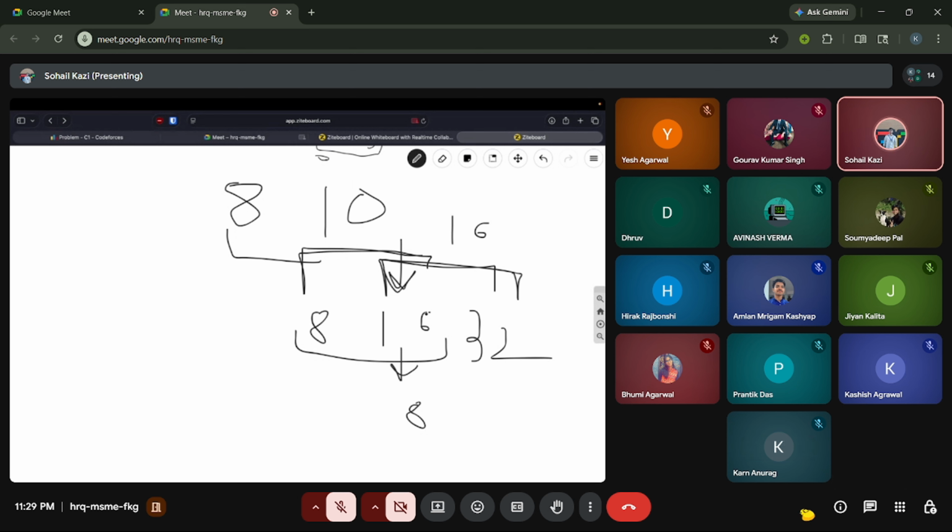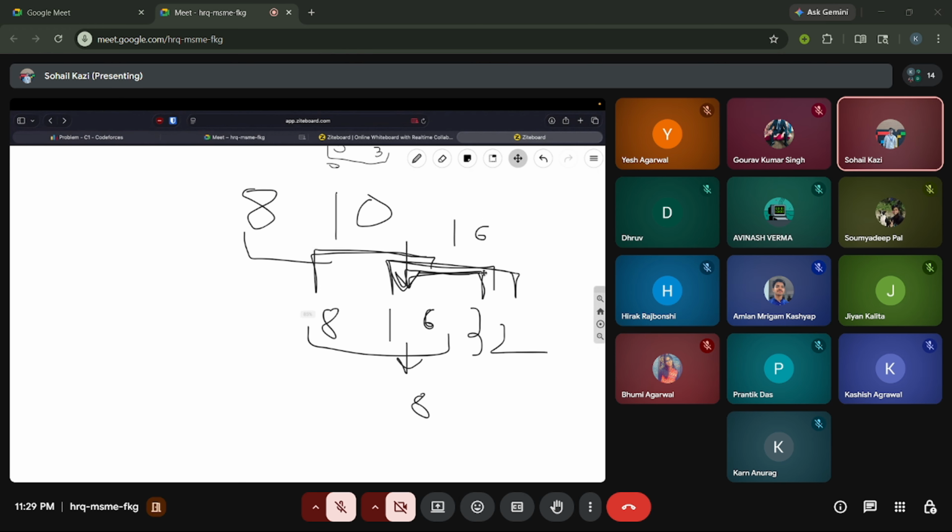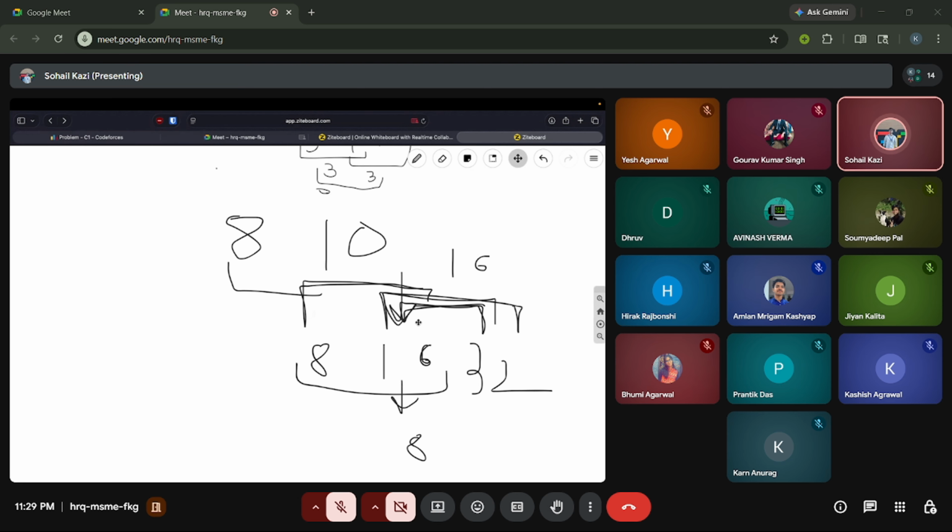That means we cannot make this element any smaller than 16, because if we make it smaller than 16, the property that the GCD should not change will not be satisfied. So we cannot change this element. Why? Because if this 32 did not exist, we could have made this 16 equal to 8, because the GCD here is 8. But since this 32 exists on the right side, we cannot change this.